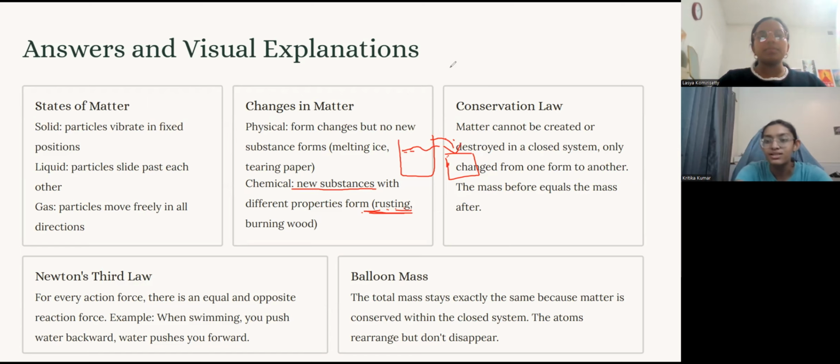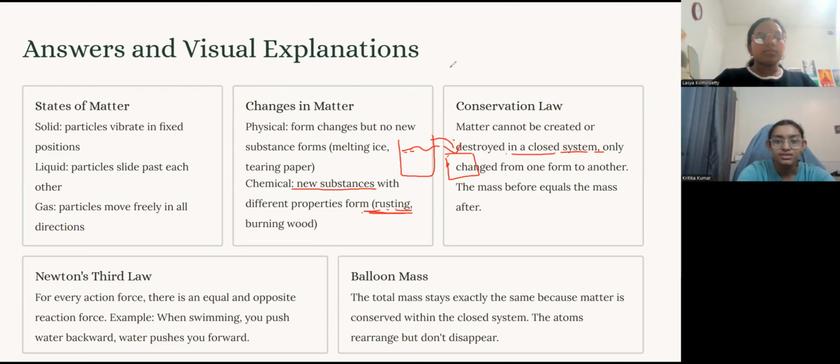And remember that it's always in a closed system, because if it's not in a closed system, then matter can possibly be destroyed. Most of these things will be in a closed system because in physics we neglect a lot of real life things so that we can answer questions.